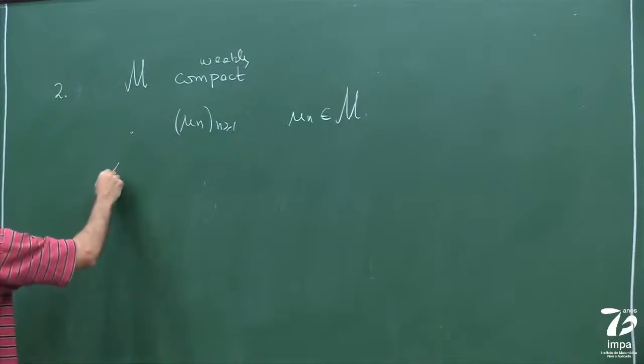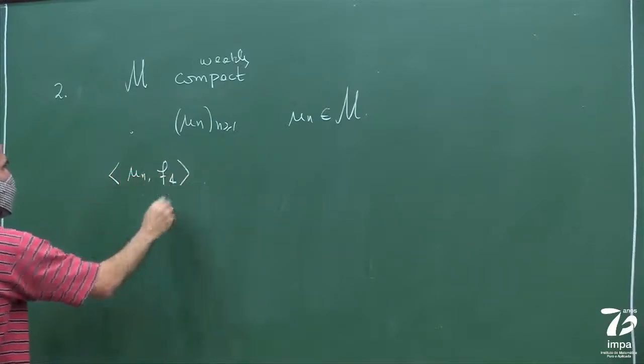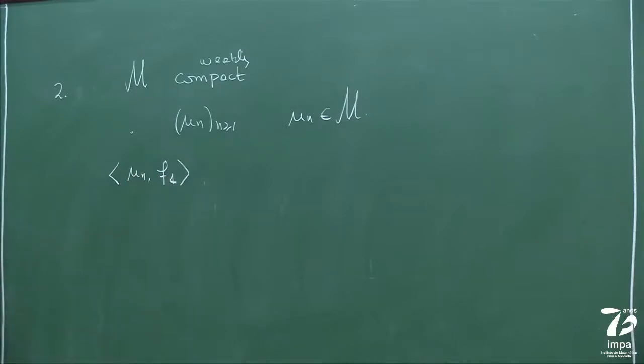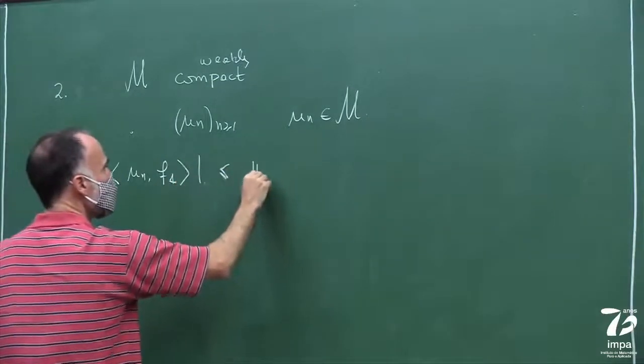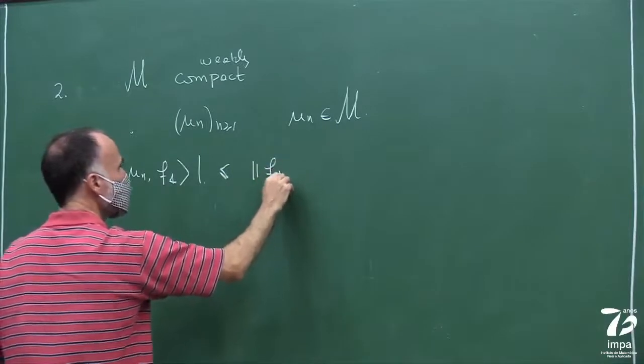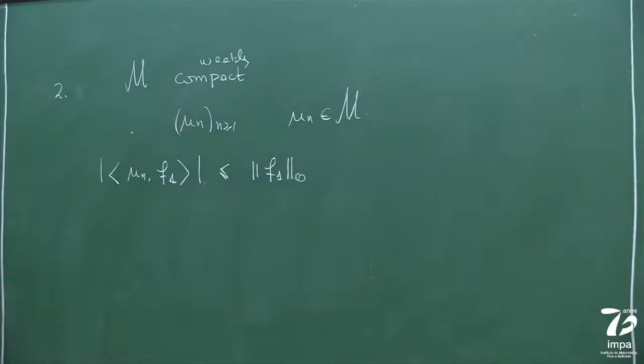So what you do is you take your first function f1, and you know that this is bounded, right? Because this is bounded by the L infinity norm of f1. So we have a bounded sequence of real numbers, which means that you can extract a converging subsequence.